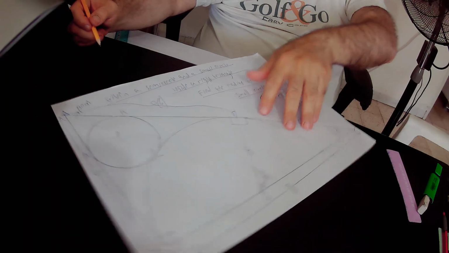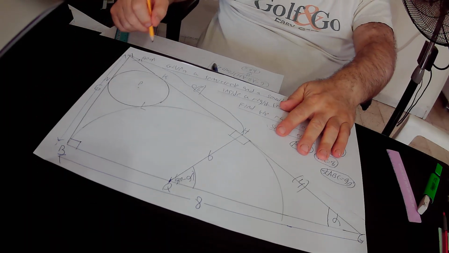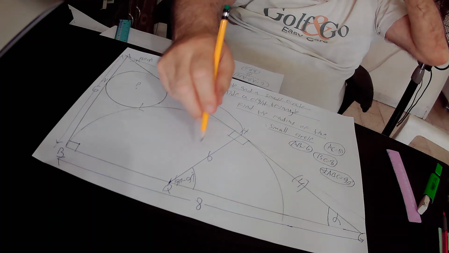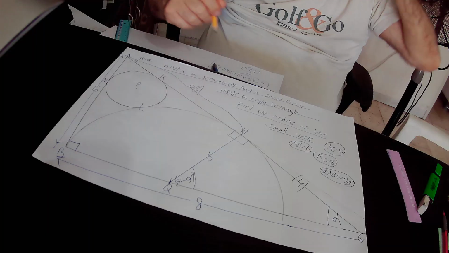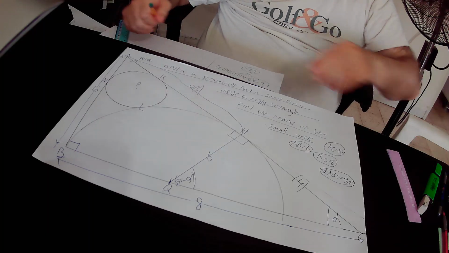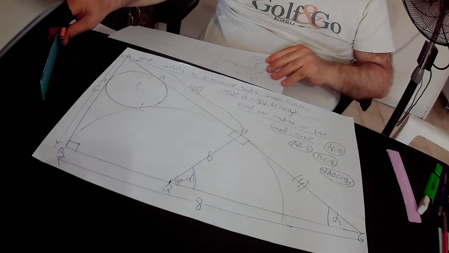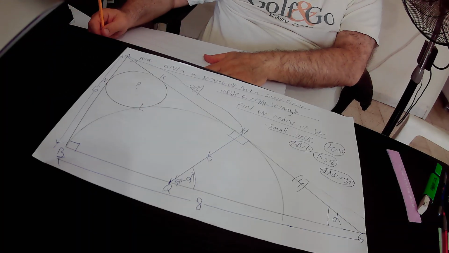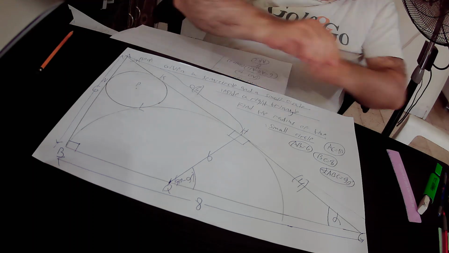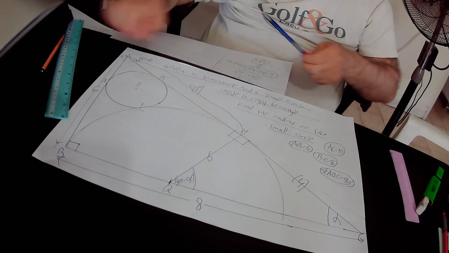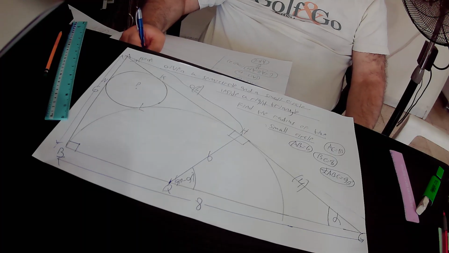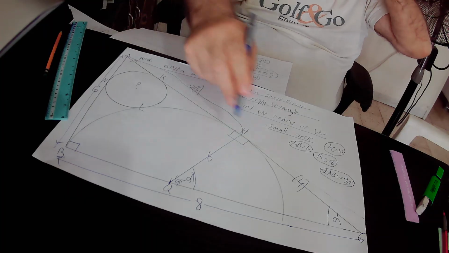In the next step, we prove that this big right triangle, triangle ABC, is similar to this small right triangle, triangle HQC. So I write it down. We will prove that the big right triangle ABC is similar to the small right triangle HQC.